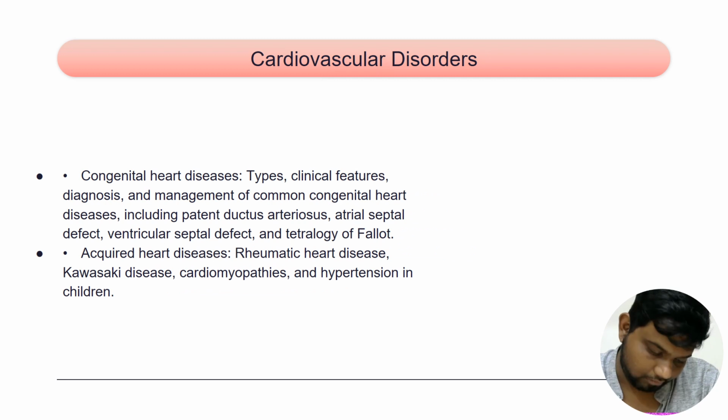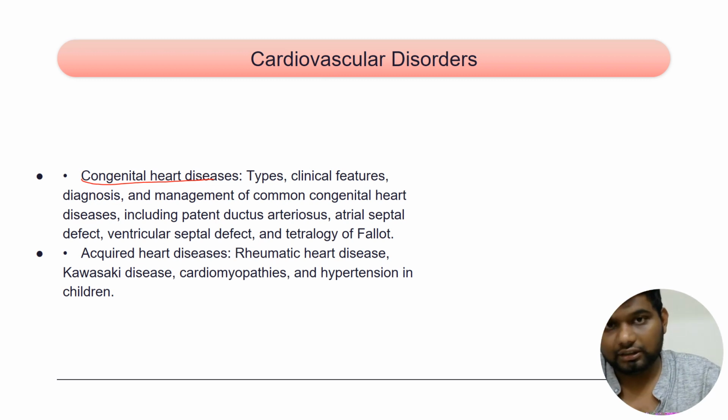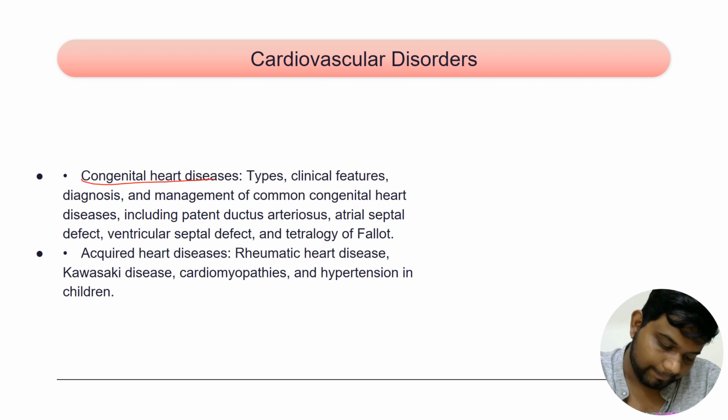And then apart from that, you have the cardiovascular diseases. Speaking about the cardiovascular diseases, congenital heart diseases, all left to right shunt, right to left shunt, all the congenital shunting diseases and PDA are pretty important, which covers PDA, ASD, VSD, and tetralogy of Fallot.